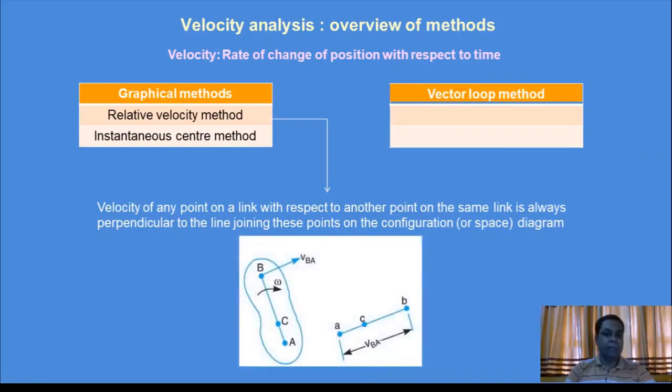As you can see in the given diagram, one irregularly shaped object on the left-hand side has a point A around which it is turning clockwise. At point B, the velocity component acting perpendicular to the line joining AB, because it is rotating with angular velocity omega, is called the velocity of B with respect to A, or velocity BA.